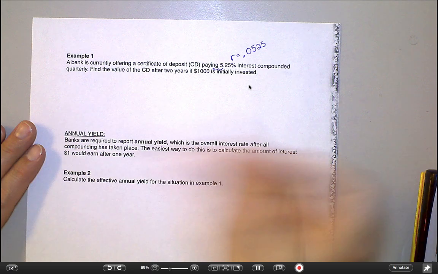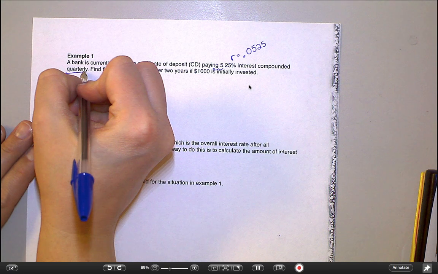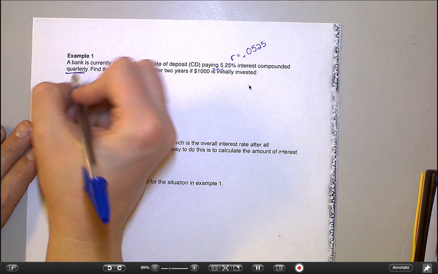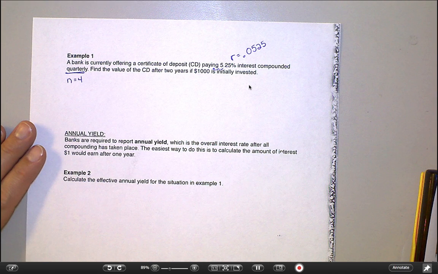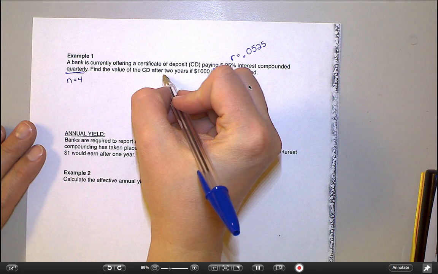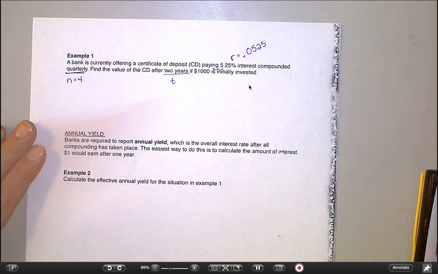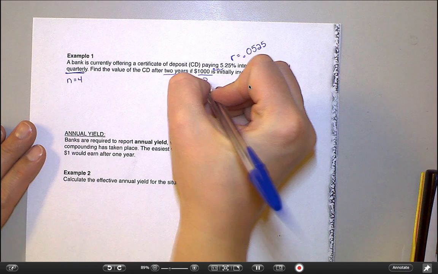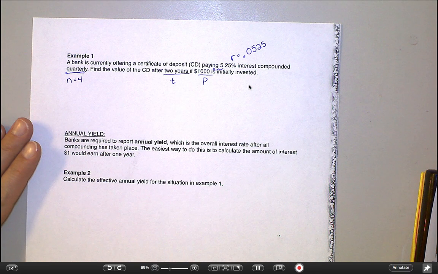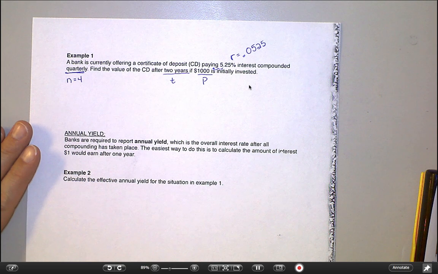Compounded quarterly, so there's one of those magic words. That means my N value is going to be a 4. Find the value after 2 years, so that's my time. If $1,000 is initially invested, that's my P value. So I found all those pieces written in the problem.